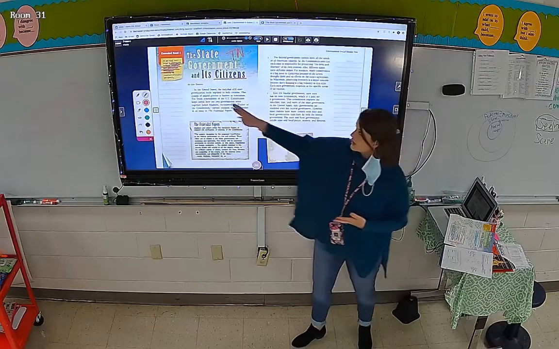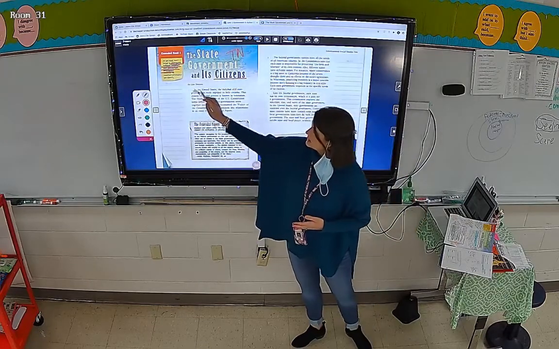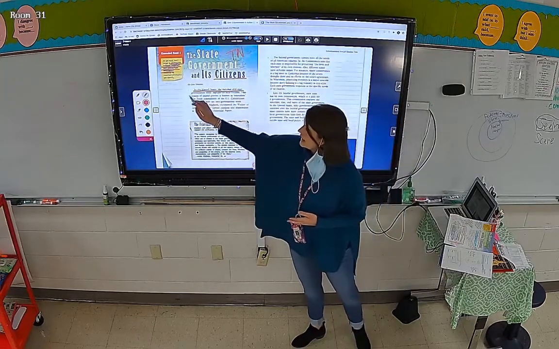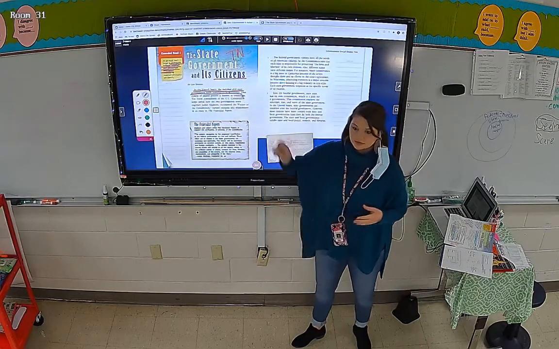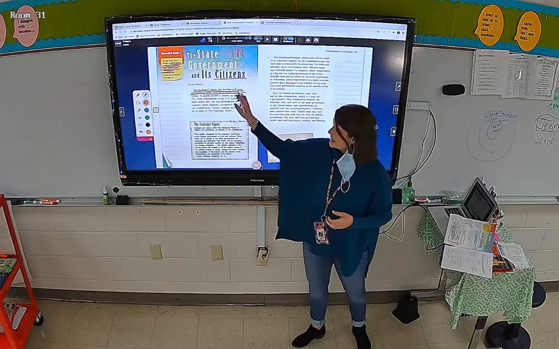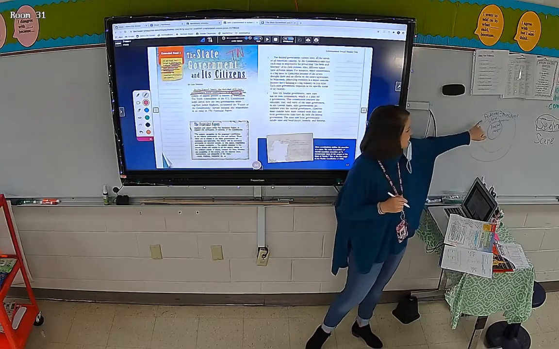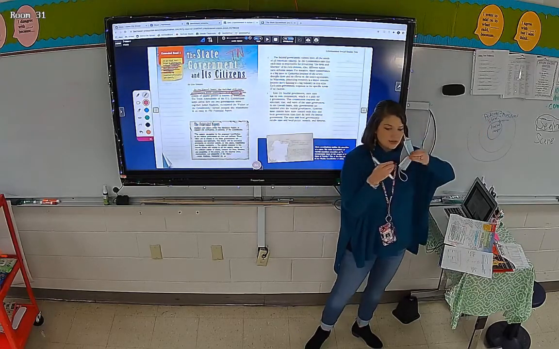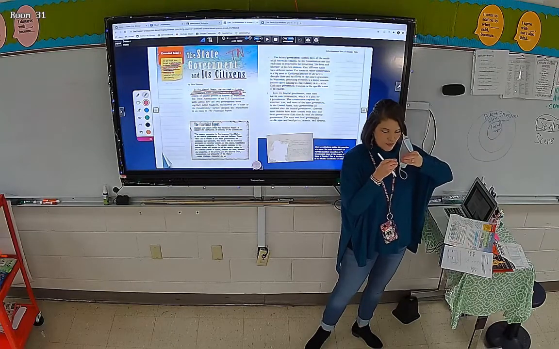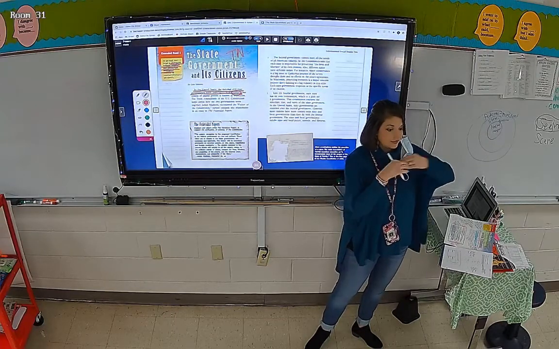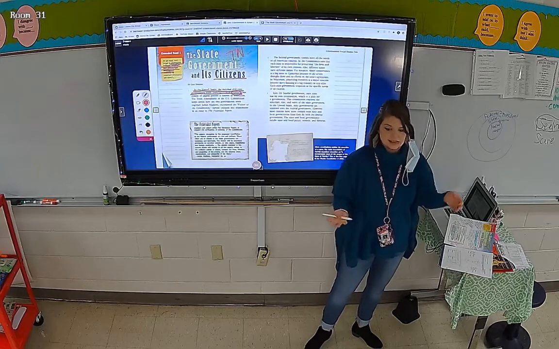So when I look at that first sentence, it says, in the United States, the national and state governments work together to help citizens. So I know that this state government, one of their jobs is to work with the federal government. Those two governments are going to work together for me and for you and for the citizens of Tennessee.